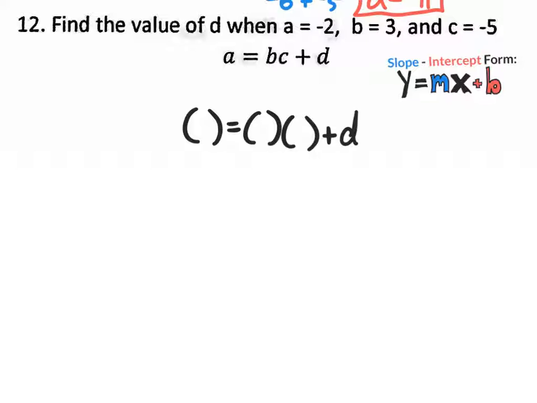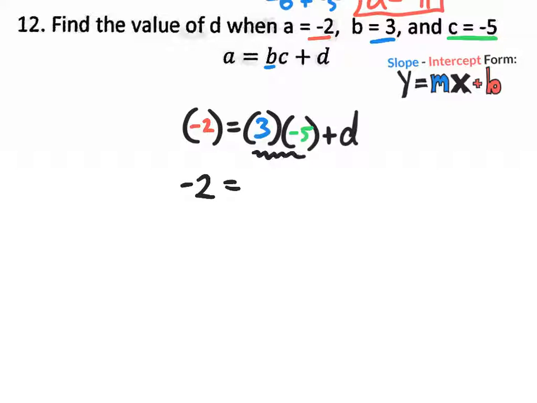So let's plug in our A value. Our A value is -2, so I'm going to put that over here on this side. Our B value is 3, so I'm going to put the 3 right there. Our C value is -5, so I put -5 right there. When we work this out, there's nothing to do on the left side. -2 in parentheses is still -2.